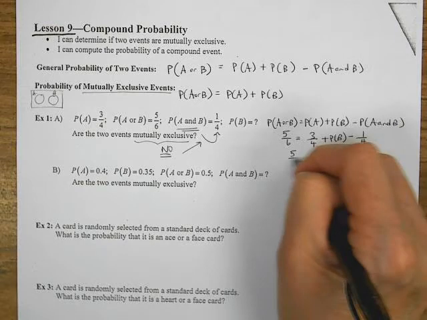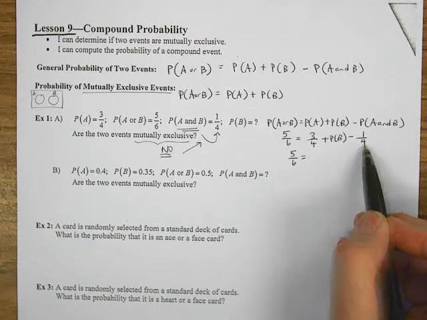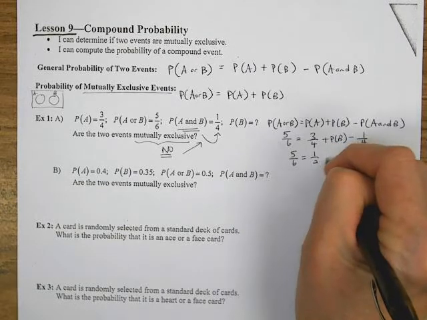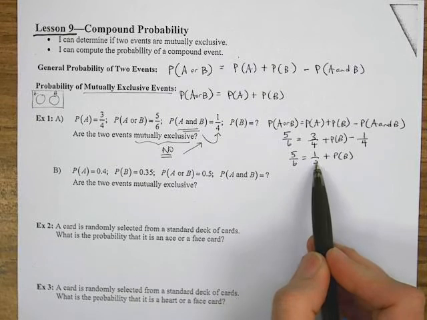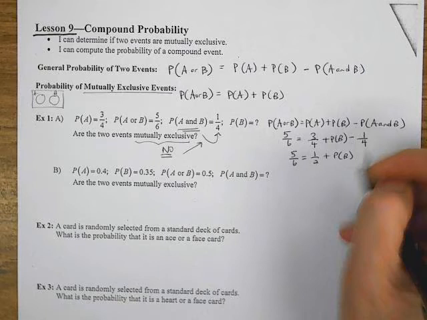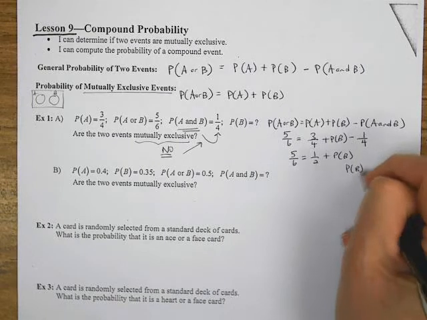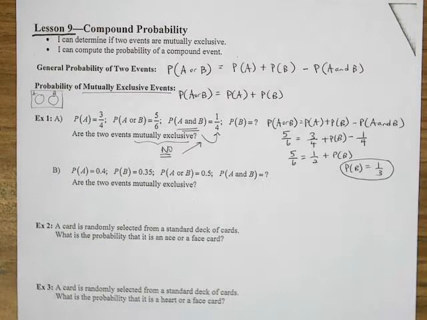So that's 5/6 equals 3/4 minus 1/4 is 2/4, which is a half. If I subtract a half, which is 3 out of 6, so 5/6 minus 3/6 is 2/6, which is 1/3. There's my other answer.